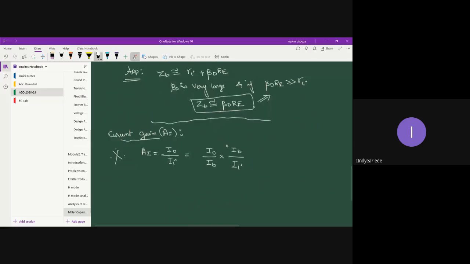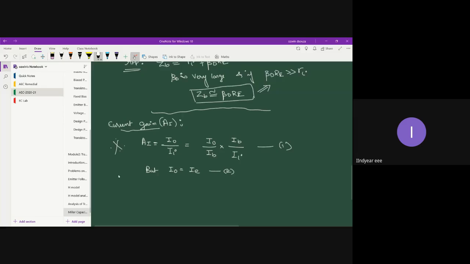Now we know that I naught is equal to IE. Let's say this is equation 2, and this is equation 1. Therefore we can write current gain AI as I naught, which is IE by IB, into IB by II.